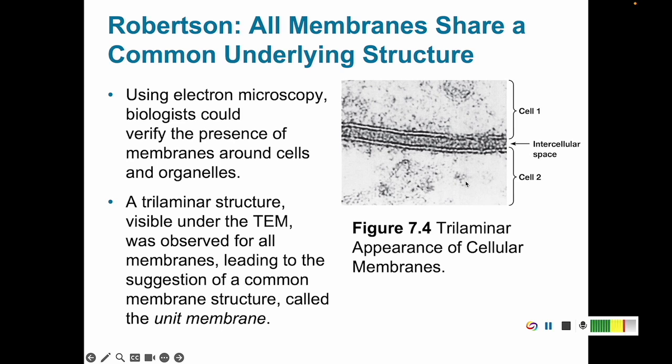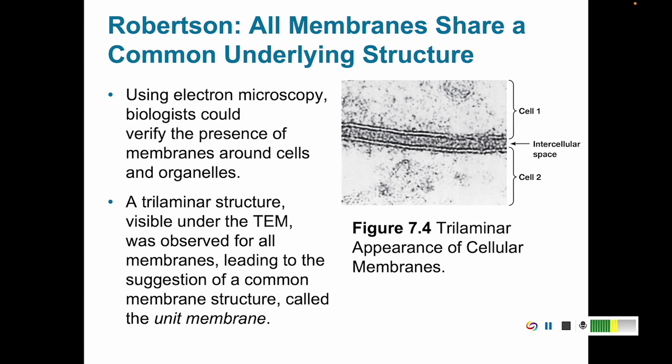That same trilaminar structure was observed in all membranes, whether you were looking at an animal or a plant or a bacteria or any kind of cells that were attached to each other. You have that same trilaminar structure. So this developed into the idea of the unit membrane. The unit membrane said that we have this common membrane structure.